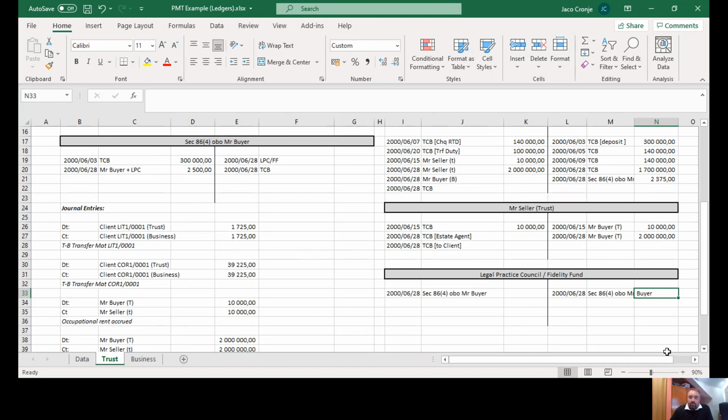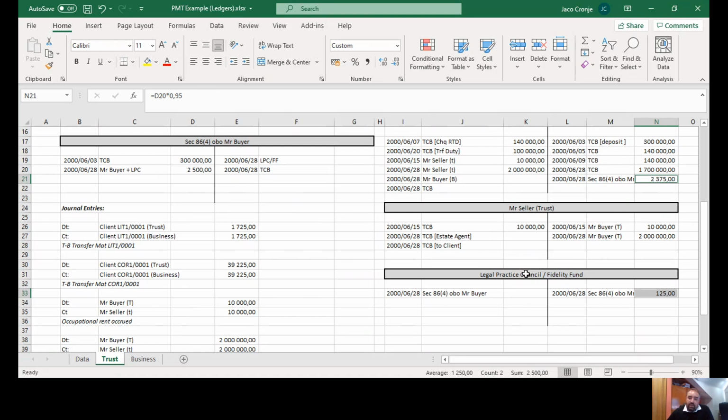So we're going to say 5% of that, 125 rand goes to the LPC. So let's just see, does that balance? Yes. So we've accounted for the full 2,500. And that, so 2,375 goes to client, 125 goes to LPC.